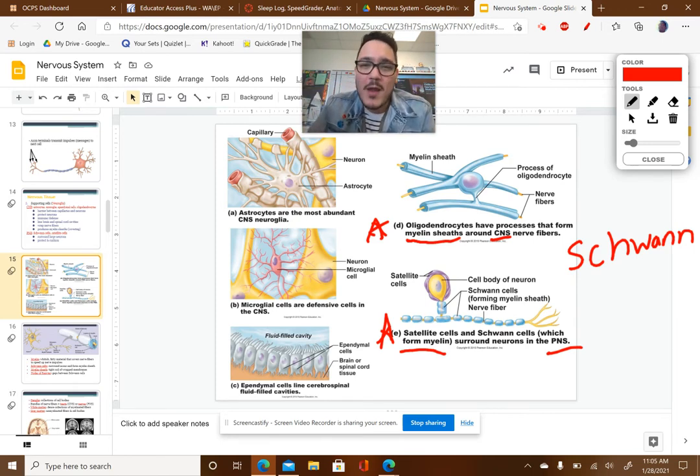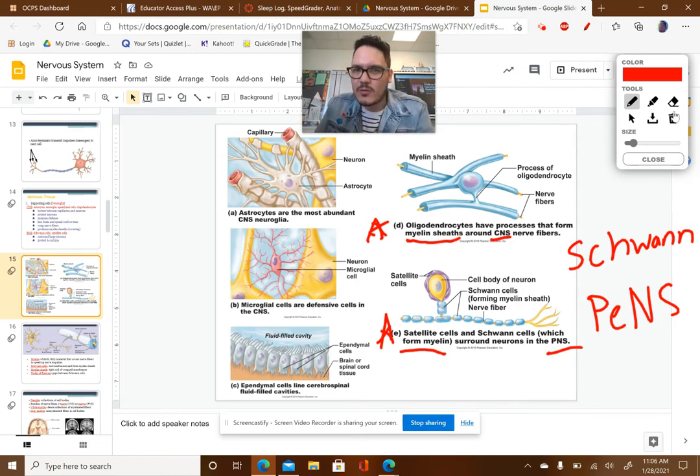I think of a Schwann pen, and I just happen to spell it like this, or pens. I underline the E because the E is not necessary for what we're trying to remember. But Schwann cells make myelin for the PNS, peripheral nervous system. So that kind of works for me. If it doesn't really work for you, not a big deal. That's the whole intention of these mnemonics anyway.